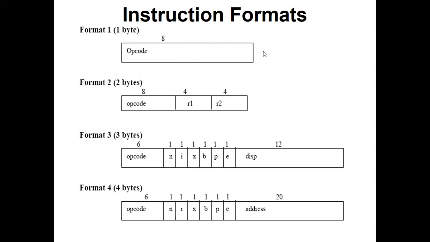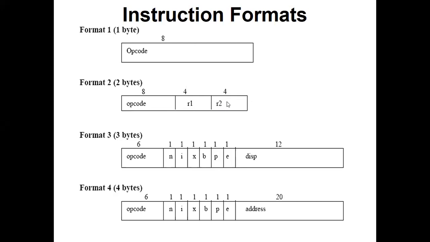Remember we said that for format 1 and format 2, the operand is not in the memory. Format 1, you only have an opcode. There are instructions where we don't need any operands. So where you don't need any operand, that is a format 1 instruction. Then in format 2, the operands are registers. We have 2 registers.